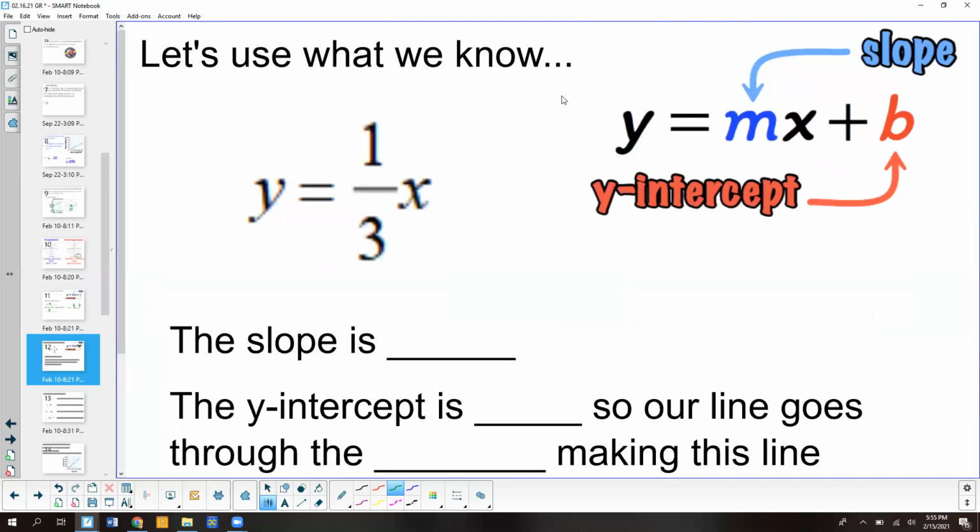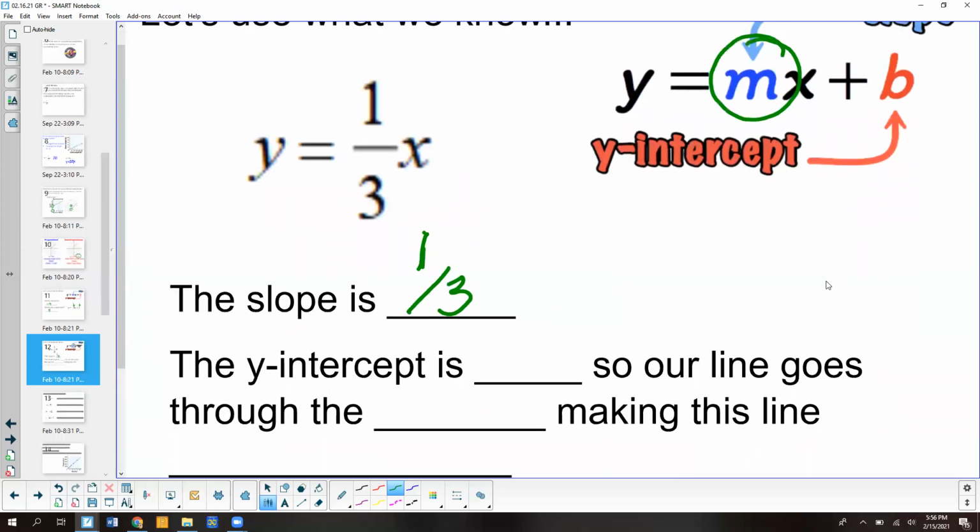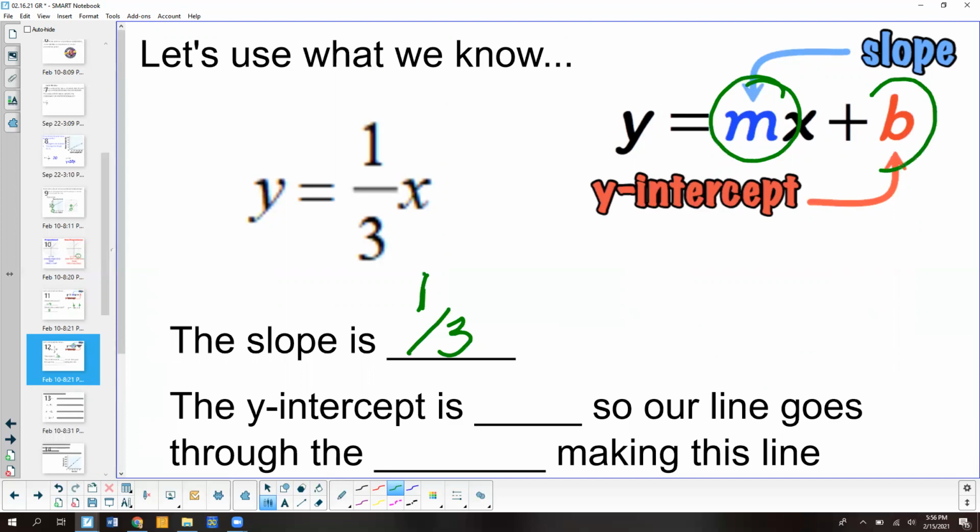All right, so let's use what we know again. So the slope of this one, y equals 1/3 x. Remember, slope is the number that's going to come before our x. So we've got a slope of 1/3. Our y-intercept is what? It's the number that comes after the x. Well, in this case, there is no number that comes after the x.